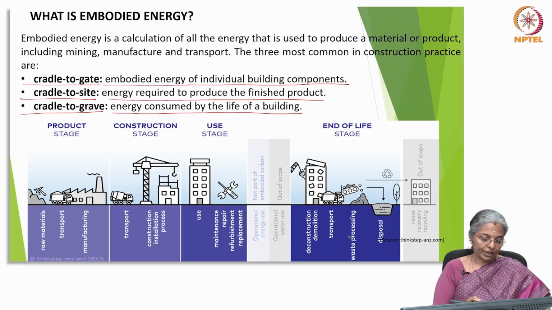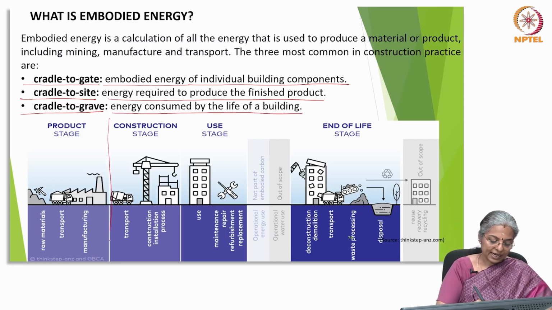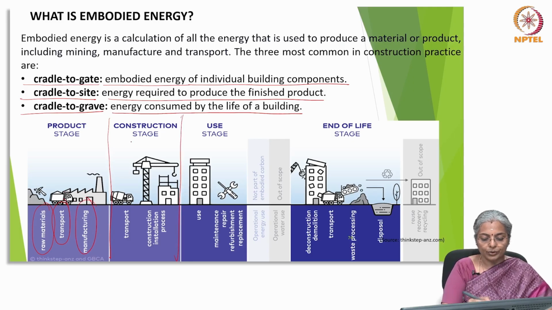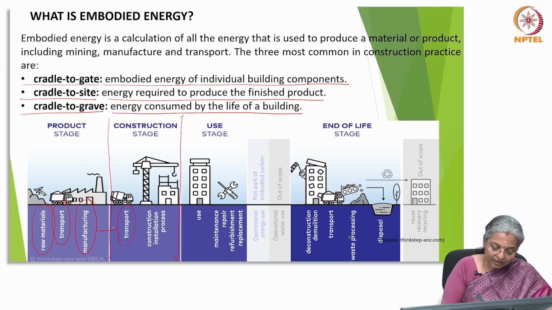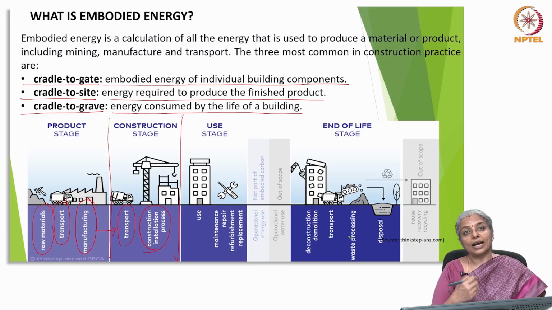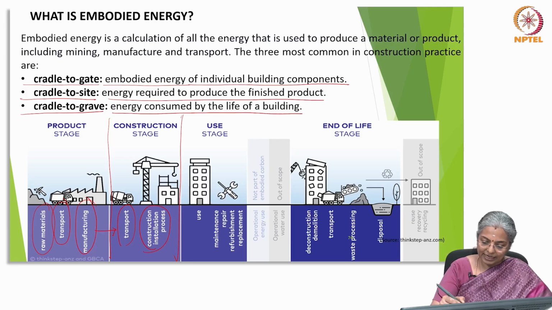And as I had already told you, the product stage comprises A1, A2, A3, which is the emissions during raw material extraction, during transportation and during manufacture. And then you have the emissions during the construction phase, which includes manufactured goods being transported to the site, and then the installation of that particular material on site.